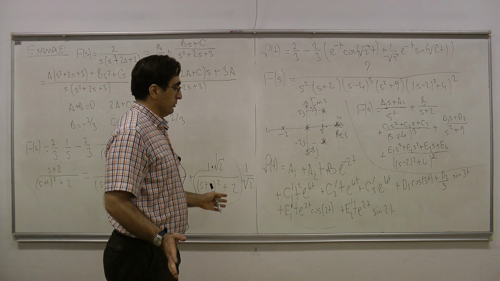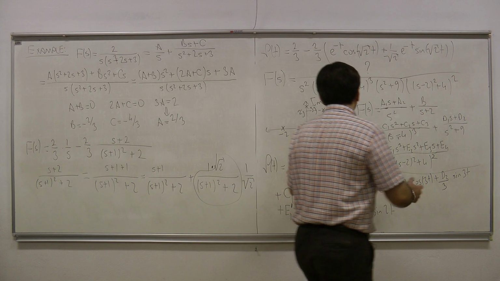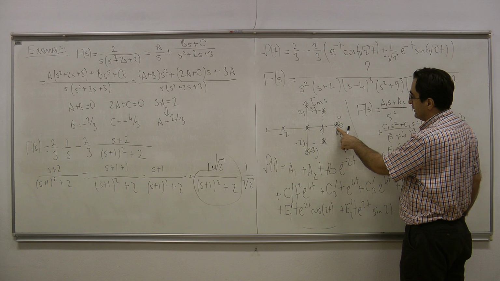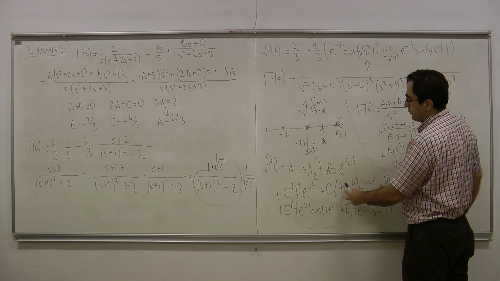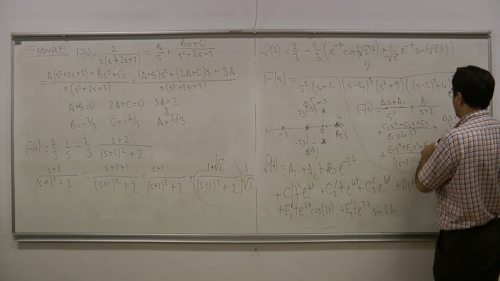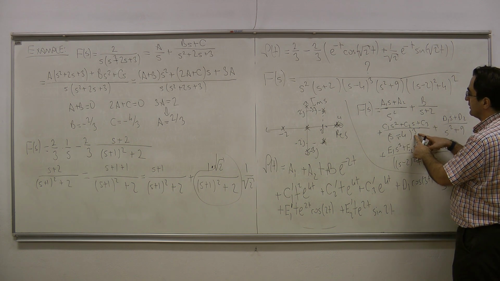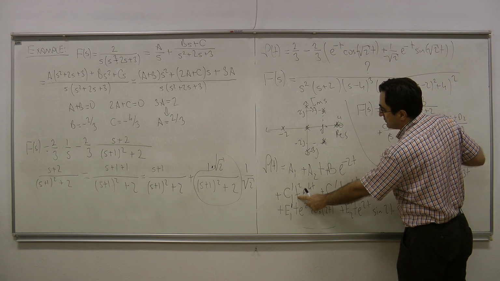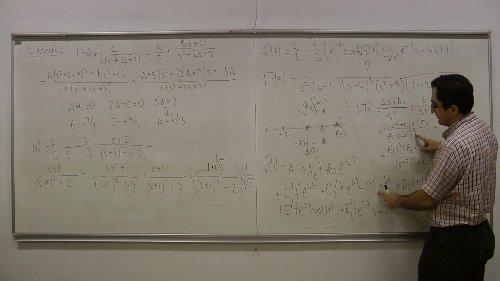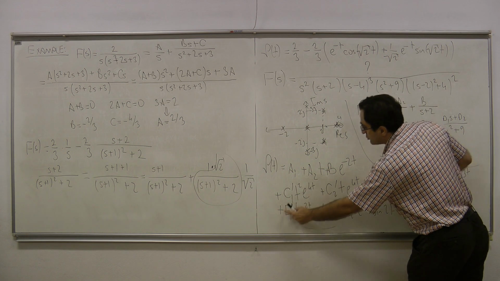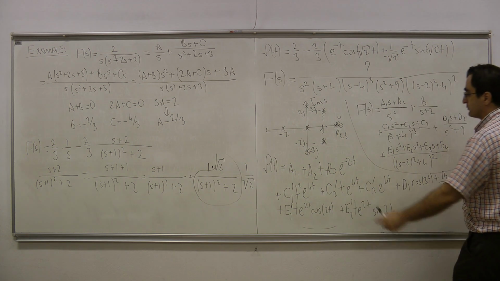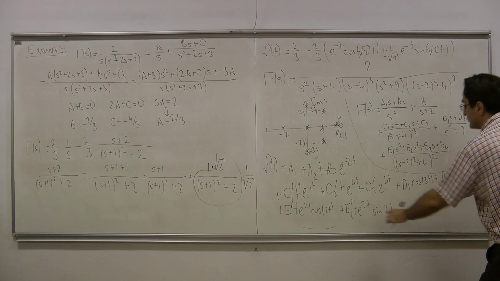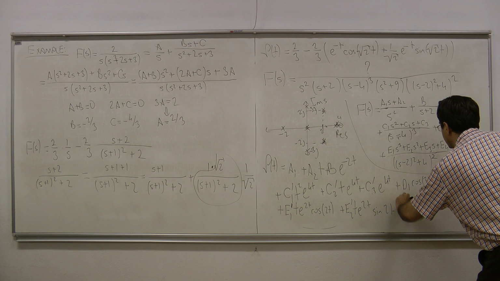But is this all? We know that when I have multiple poles here, I am going to have the lower order polynomial multiplications as well. For s minus 4, I had the triple order pole here, and I multiply the same thing with t squared, t, and 1. Okay? I'm going to do the same thing for the complex poles as well. So in addition to these terms, there might be terms like this without the t multiplication.